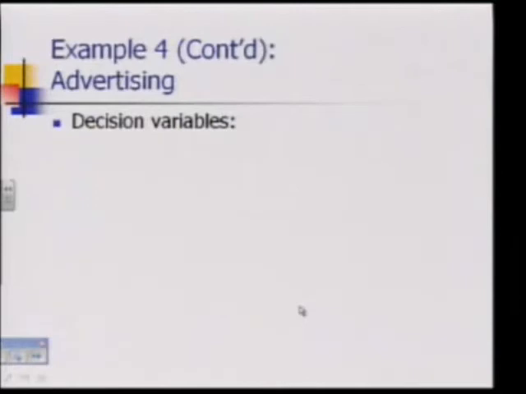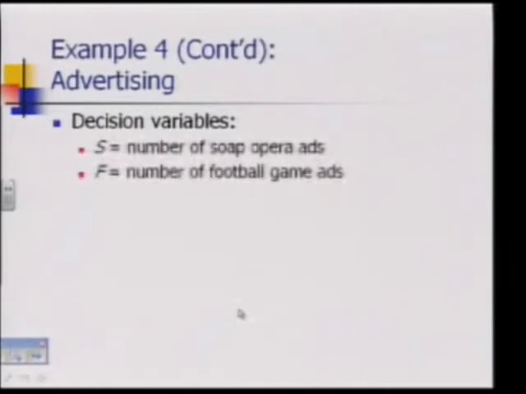Okay, so whenever you have some real problem, you always have to think about what the decision variables are, right? And what's your objective function? How do you link your objective function to the decision variables? What are the constraints? How do we write it formally so that we can solve it?